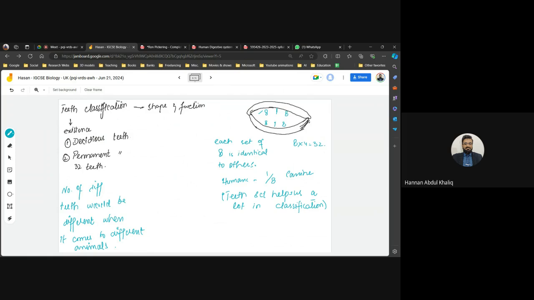Instead, you will see an empty space where the canine should be present. All these understandings would make you aware that many animals don't need particular kinds of food, and their teeth set is according to that.